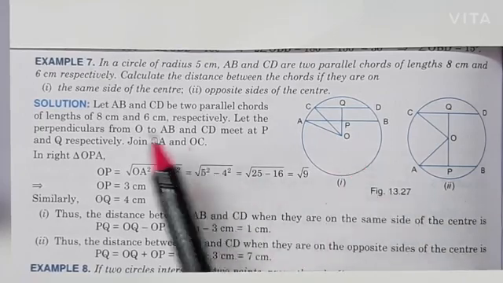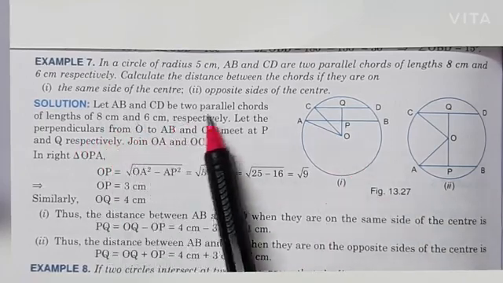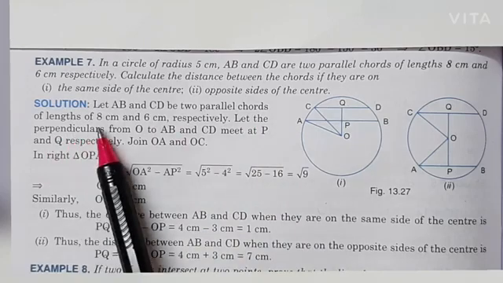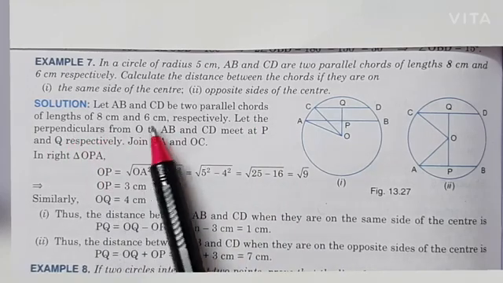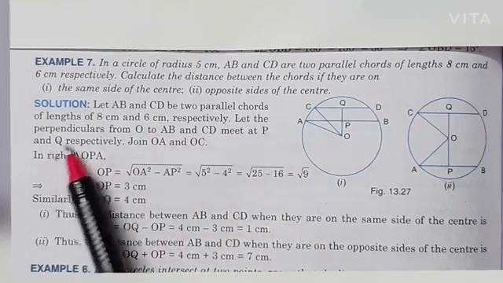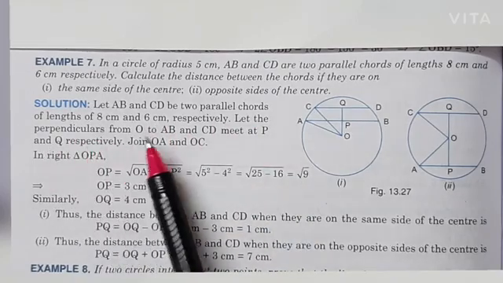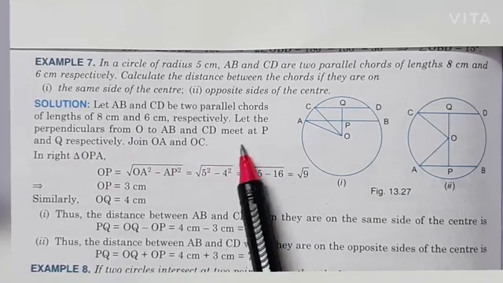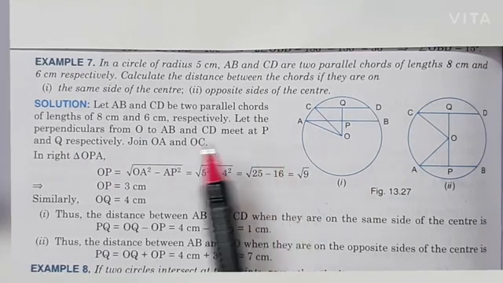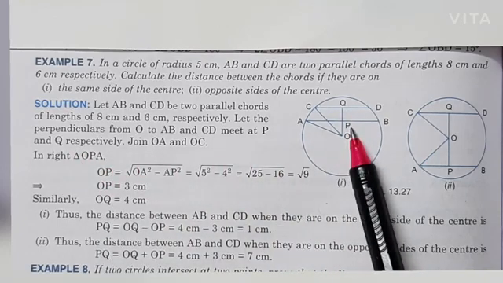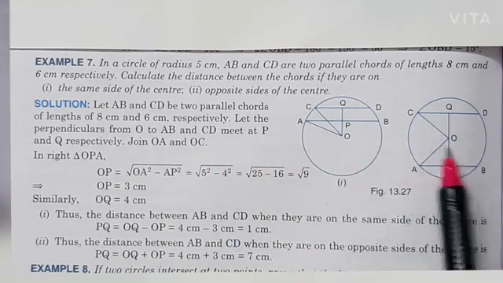Now, AB and CD are two parallel chords of length 8 centimeter and 6 centimeter. Let the perpendicular from O to AB and CD meet at P and Q respectively. Clear? Now this applies for both the figures.